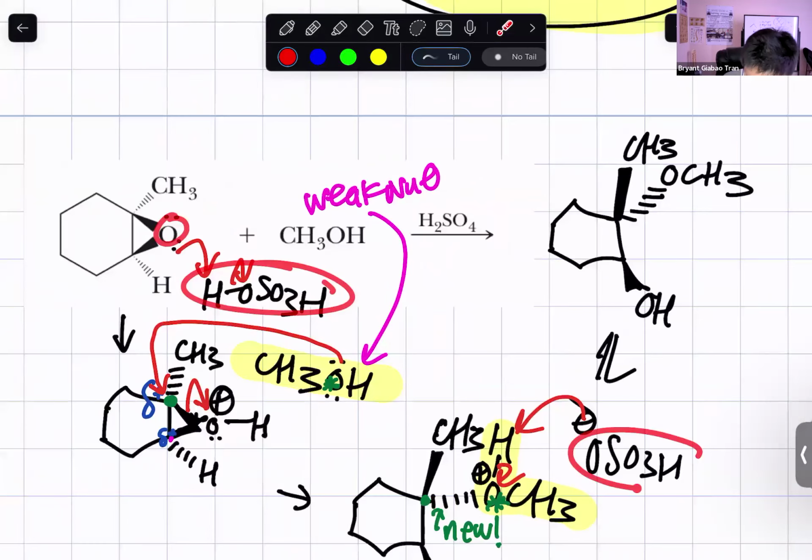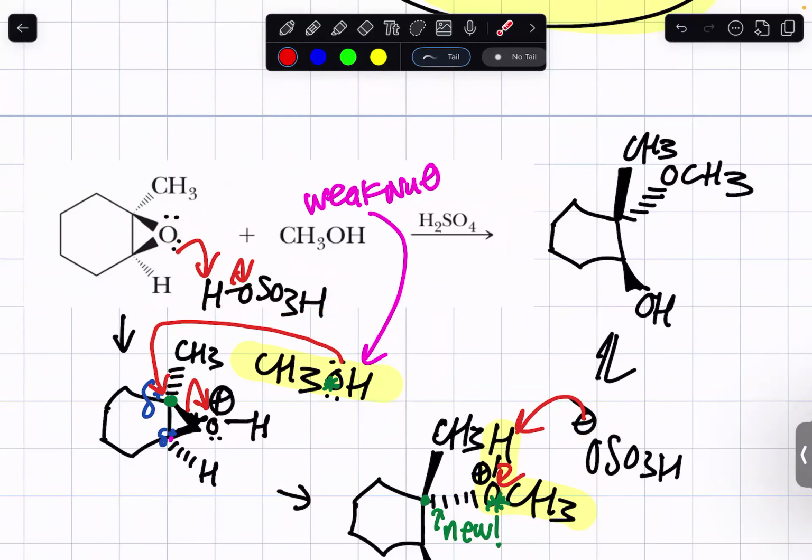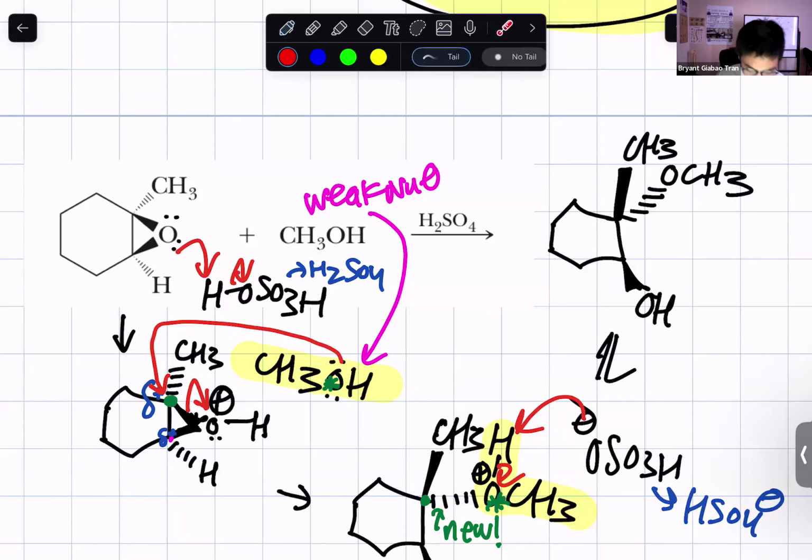That gets kicked off as HSO4 minus. Okay, yeah. I was a bit confused because I could assume that H2SO4 and that one were somewhat similar. I didn't know how to interpret that.